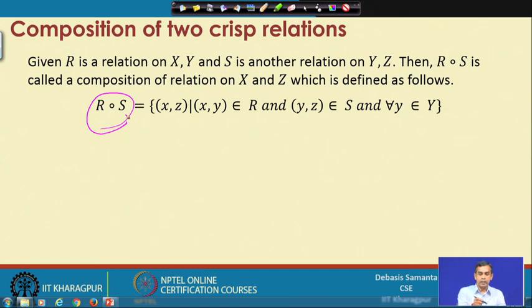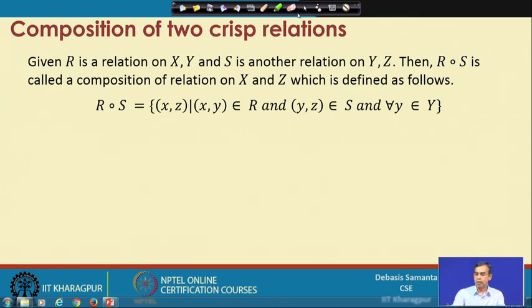Suppose the relation R is over two sets A and B, and the relation S is over another pair, B and C. Here B is the one common set. Then we can obtain R composition S, basically a relation from A to C via B. So, this is the concept that is called composition.